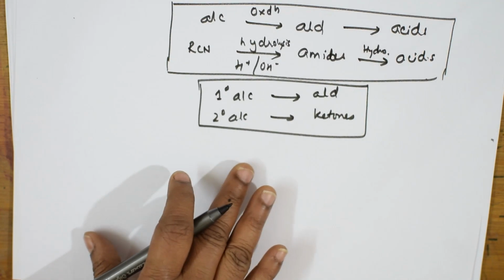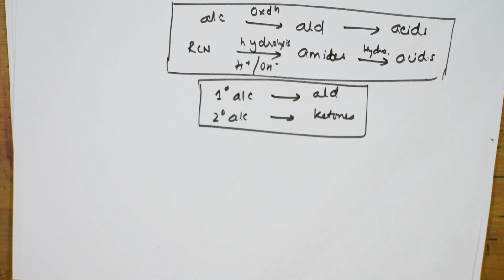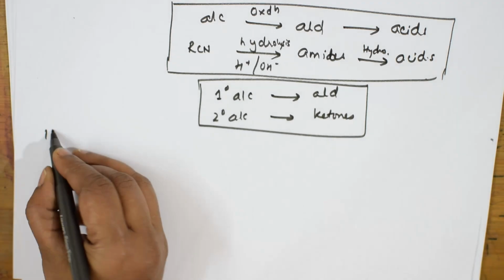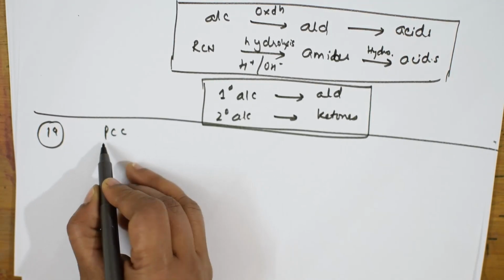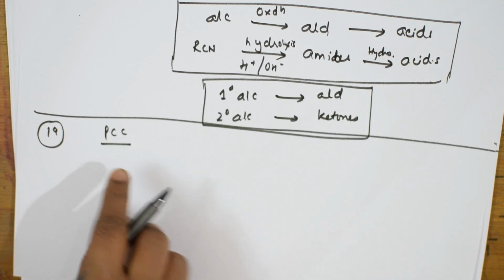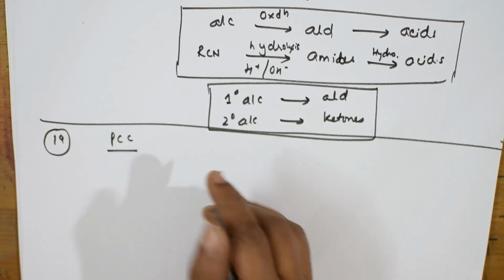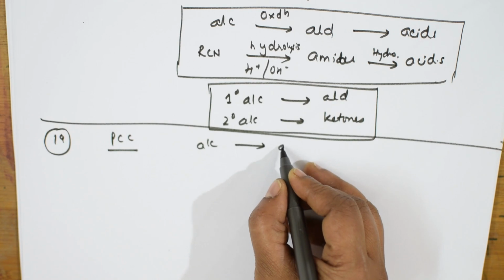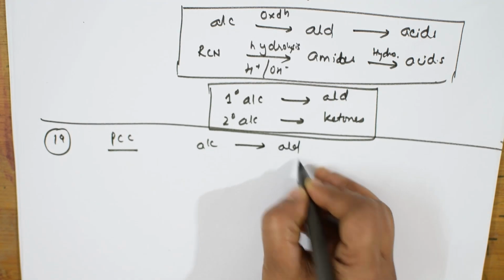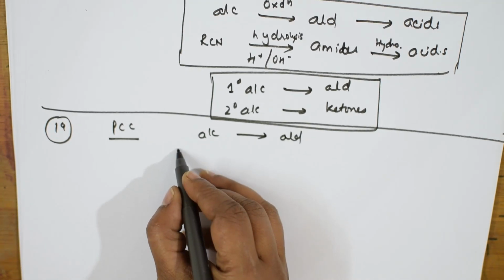Suppose I have PCC, one more reagent, very important in the aldehyde chapter, pyridinium chlorochromate. Same thing, an oxidizing agent only. It converts alcohols to aldehydes. How? Just see here.